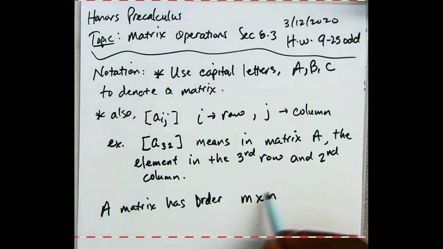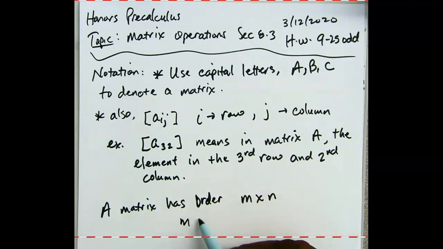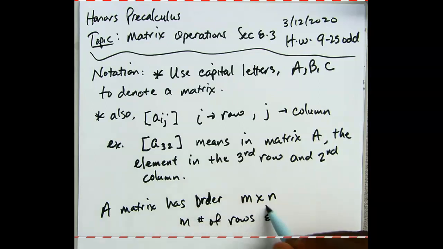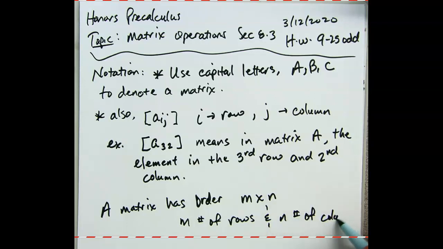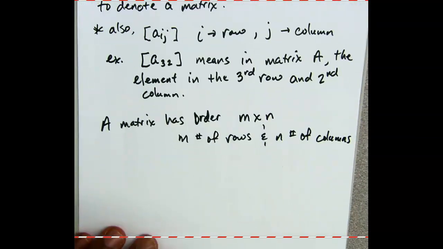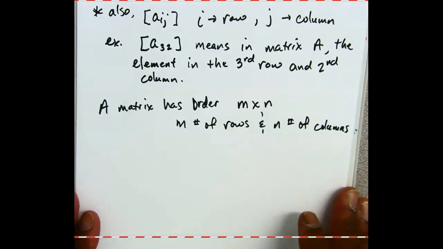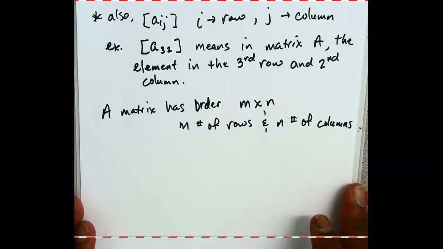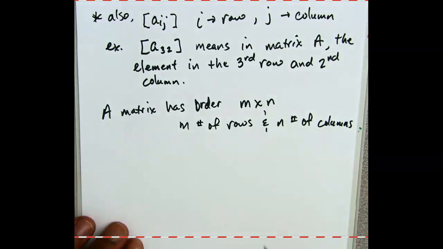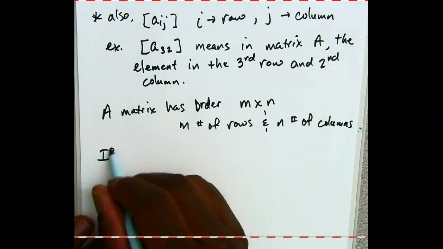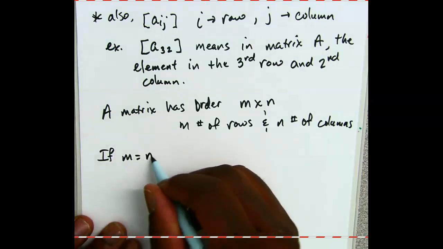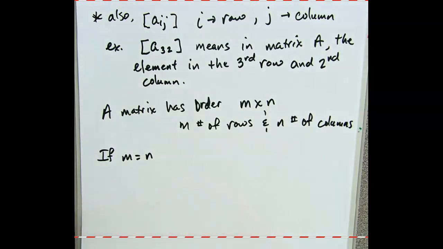And again, this matrix will have m number of rows and n number of columns. If m is equal to n, then you get a square matrix.